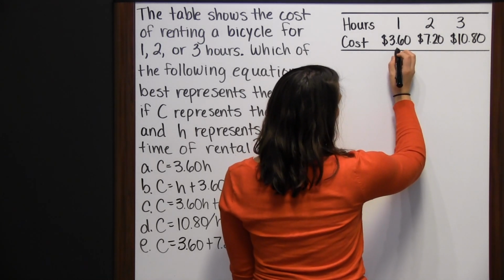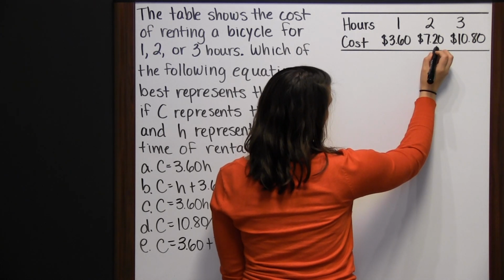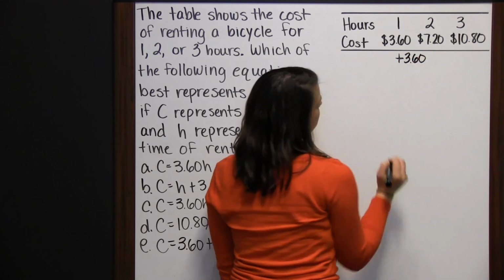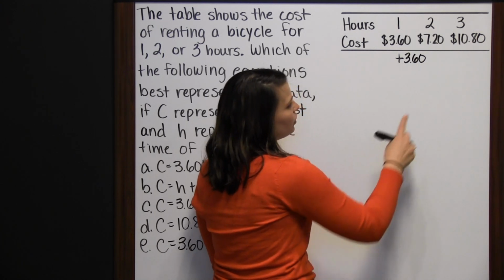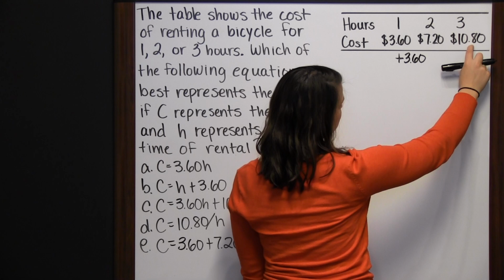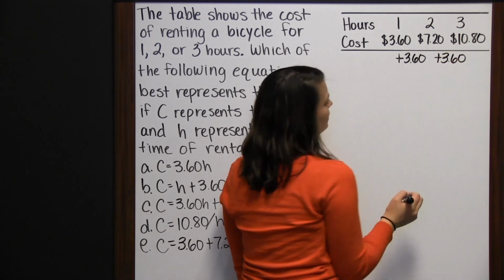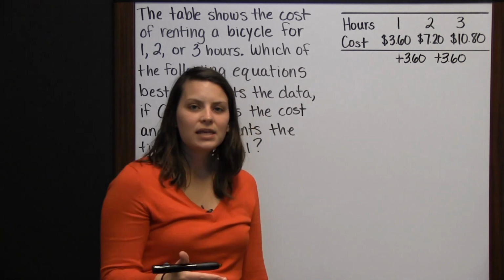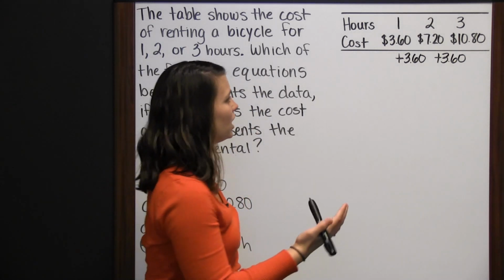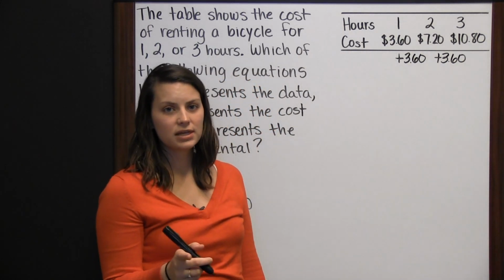So from $3.60 to $7.20, I'm adding $3.60. From $7.20 to $10.80, I'm again adding $3.60. So I can see that the change in Y, or the change in the cost, the dependent variable, is constant.